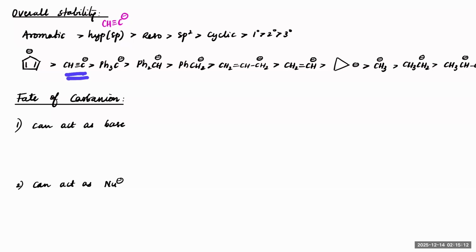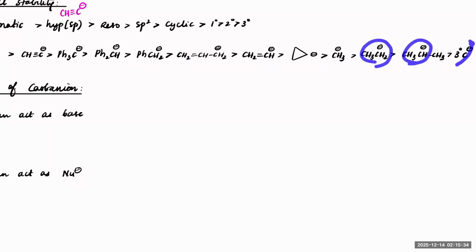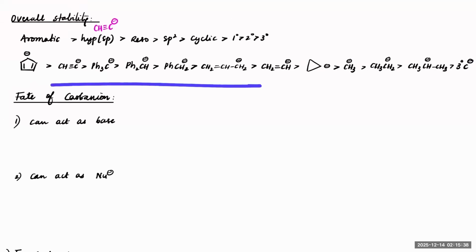Next, we have triple bonded carbon. Next, triphenyl, biphenyl, only benzyl, then allyl, then vinyl. You can see next comes vinyl, right? Then cyclopentenyl, propenyl, and then comes methyl carbanion, then ethyl, then isopropyl, and 3 degree carbanion. So this is the total order, the overall stability order. Okay.